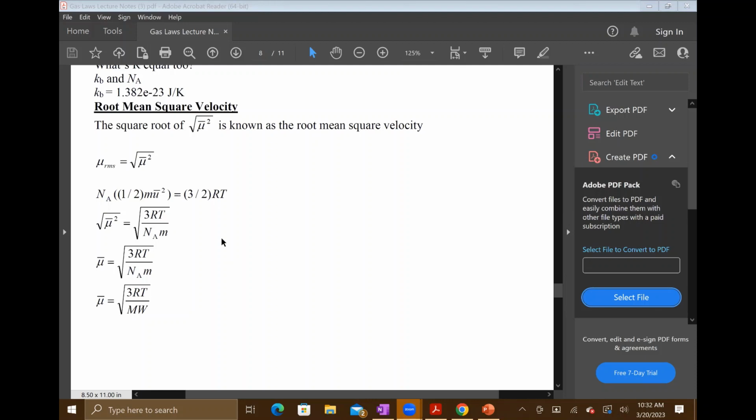What does that mean? How much time do we have here? Yeah, that's the problem with this program, it cuts me off. I've got 10 minutes left on this program. When this time runs out, I'm going to log back in and then it gives us the rest of the time we need.